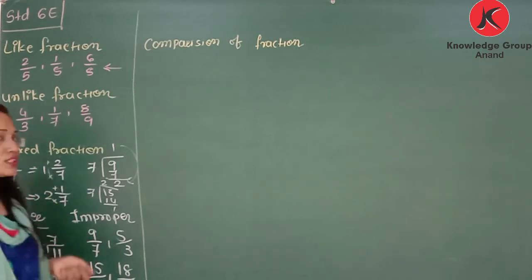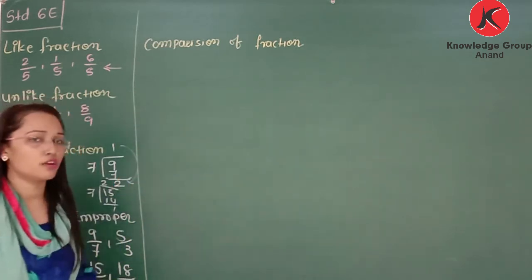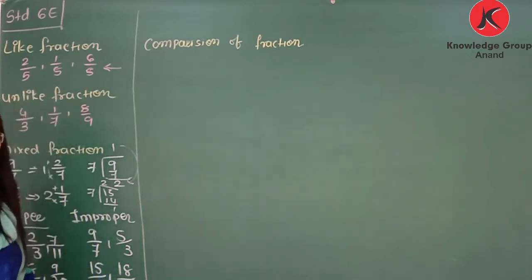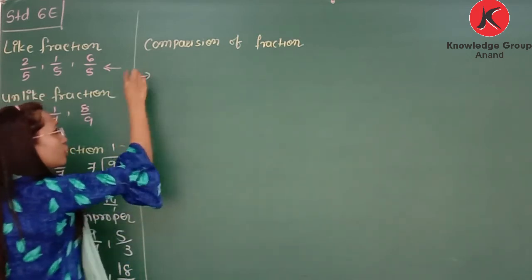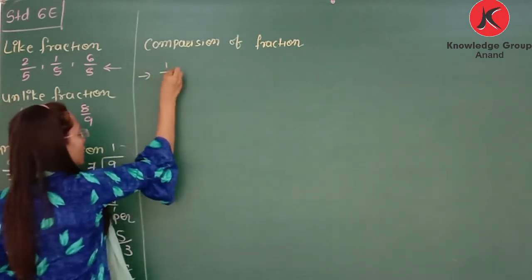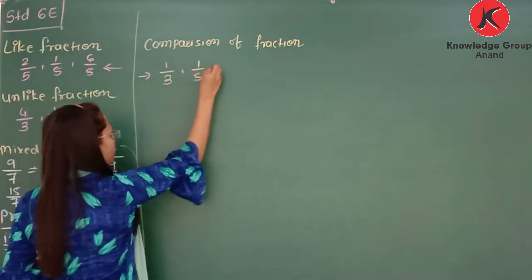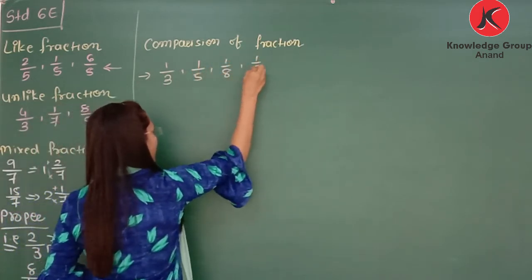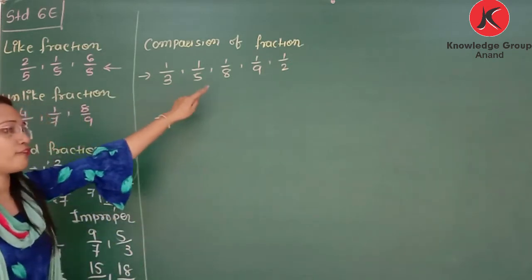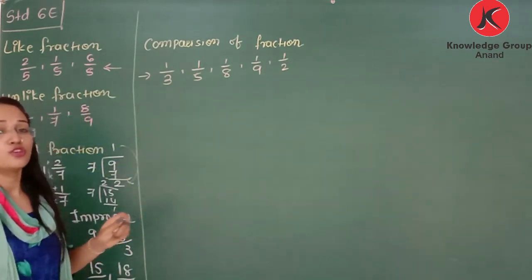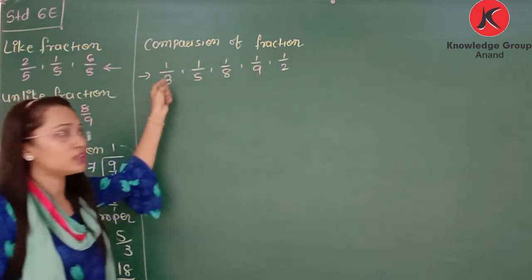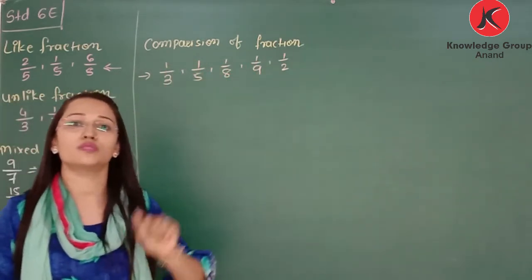Clear? After that we learn about the comparison of fractions. So in that we need to remember some concepts. If in a comparison the numerators are same and denominators are different, for example 1 by 3, 1 by 5, 1 by 8, 1 by 9, 1 by 2, and if we want to find the smallest one, then when the numerator is same and denominators are different, the greater denominator becomes smaller.